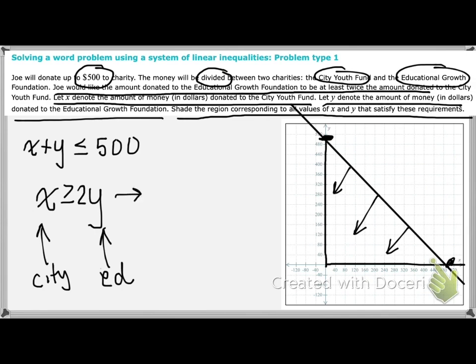So first of all, let's look at it as an equality, understanding we're looking for the edge of this inequality. So we're going to do it as an equality to get the edge. And I just rearrange this. What if I just go 1/2 x is equal to y?